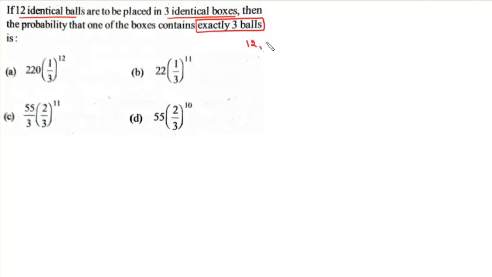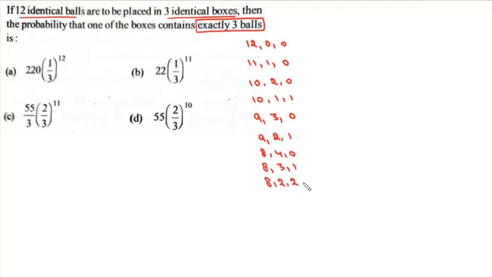Now it can be done as 12 0 0, or 11 1 0, or 10 2 0, or 10 1 1, 9 3 0, 9 2 1, 8 4 0, 8 3 1, 8 2 2, 7 5 0, 7 3 2, 7 4 1, 6 6 0, 6 1 5, 6 2 4, and 6 3 3.